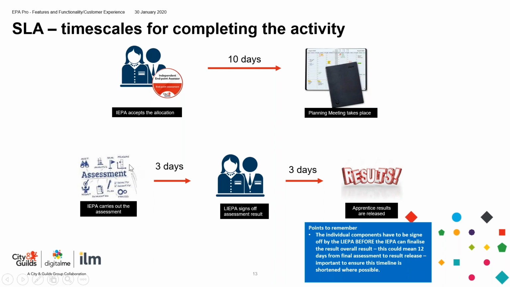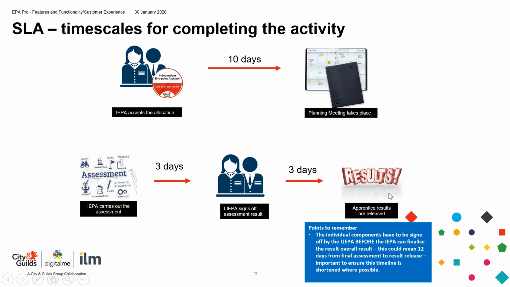So from the last day, from the last assessment, if you can imagine, the IEPA would carry out the assessment, the LIEPA would sign it off, the result for that component would go out. Then the IEPA can generate the overall result, which has to be signed off, and the results go out.